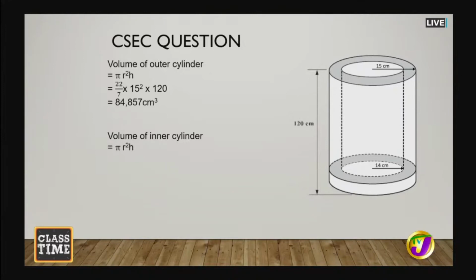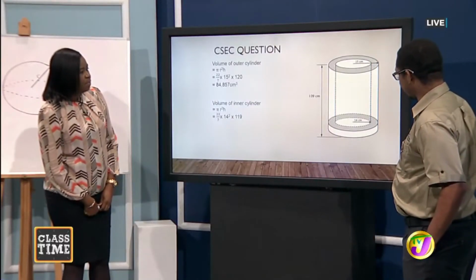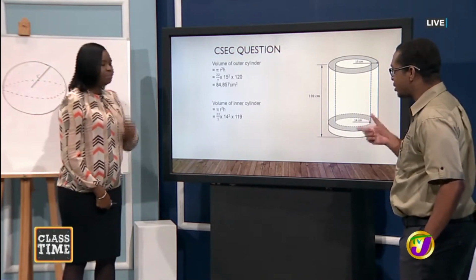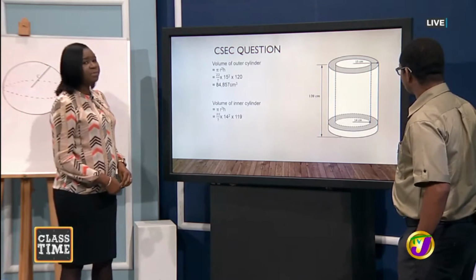It would be less than 120, as the inner cylinder stops here. They had mentioned that it had a uniform thickness throughout, and we realized that the cross-section of the inner cylinder had a radius 1 centimeter less than the outer cylinder.